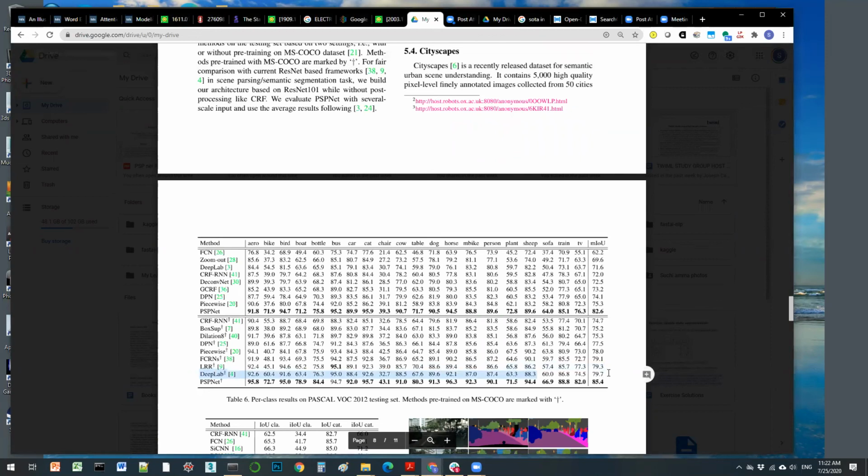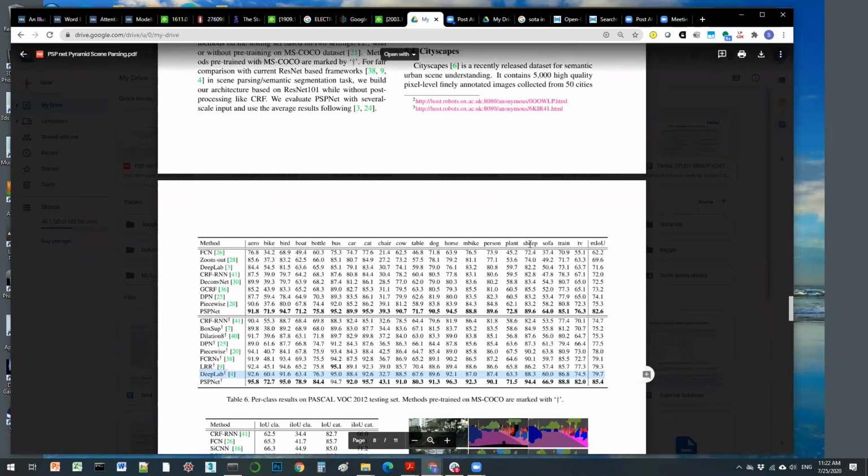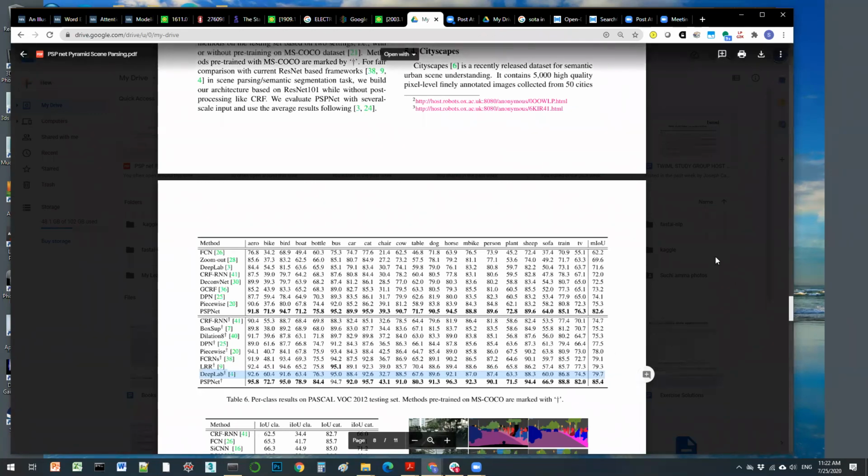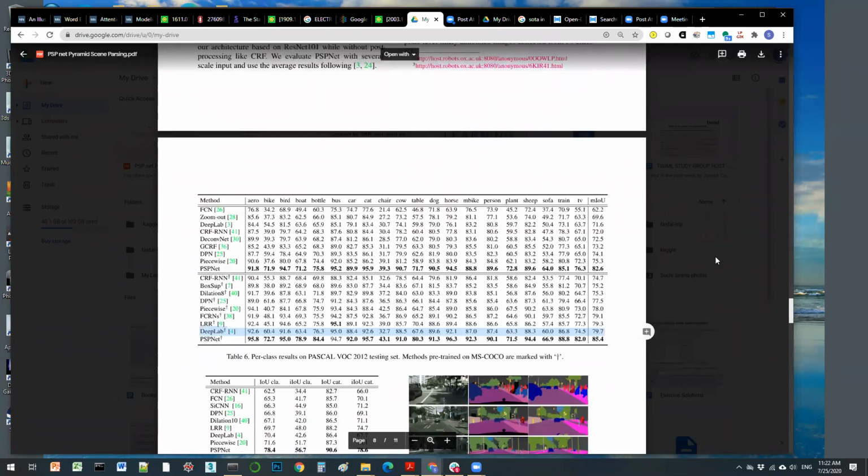But then DeepLab has gone on to DeepLab version 3+, as we will see, but at least they claim better across the board on detecting all of these individual objects or segmenting them correctly, and the mean IOU is 6 points higher as well compared to the basic DeepLab, which is pretty impressive.